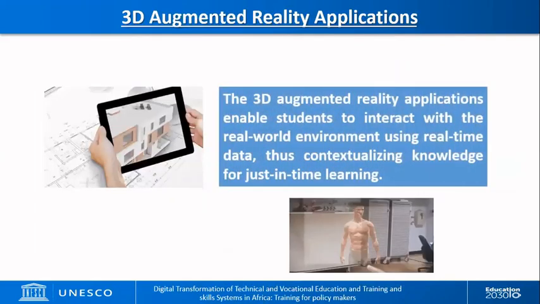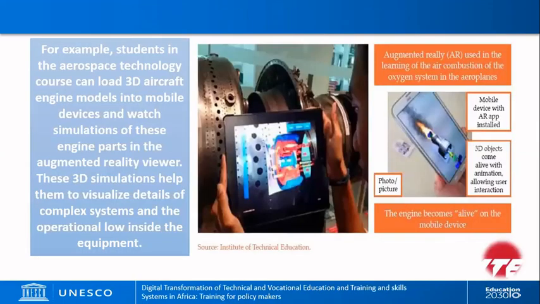Now, the 3D augmented reality applications enable students to interact with the real-world environment using real-time data, thus contextualizing knowledge for just-in-time learning. For example, students in the aerospace technology course can load 3D aircraft engine models into mobile devices and watch simulations of these engine parts in the augmented reality view.